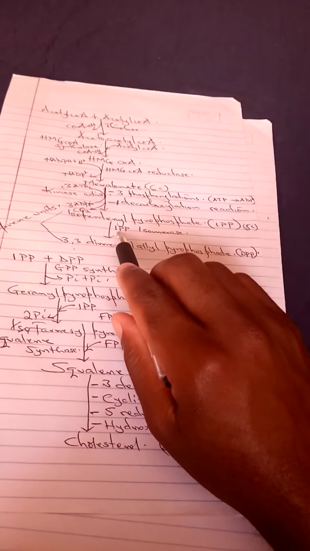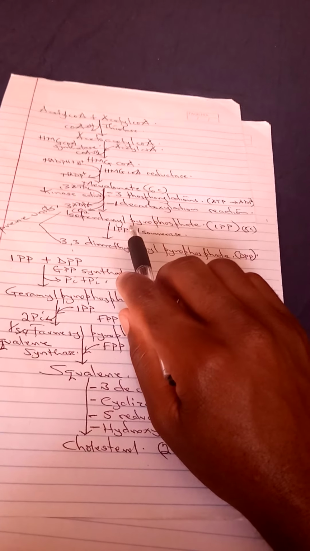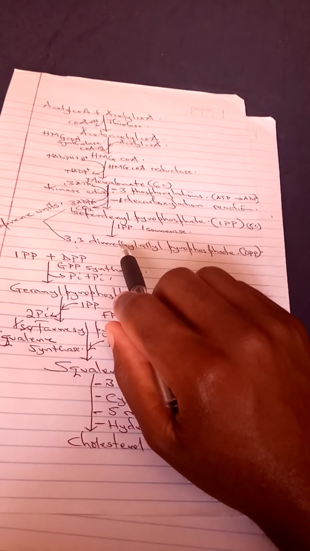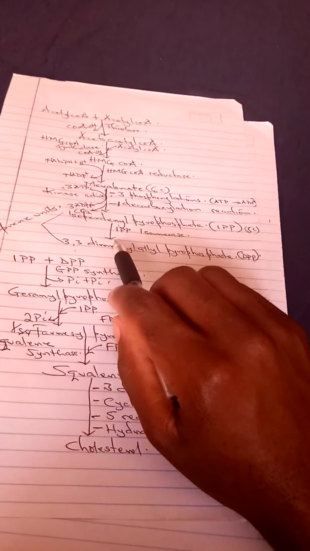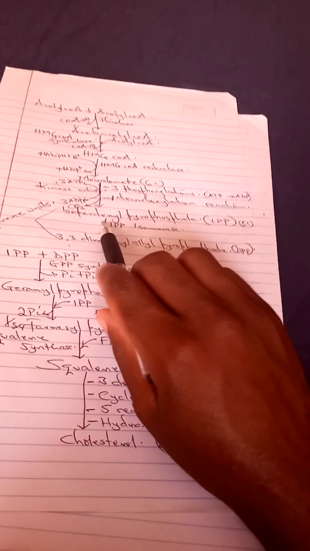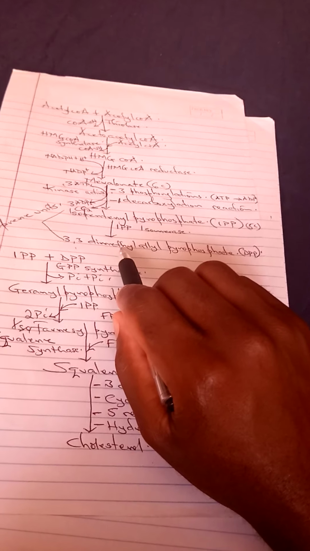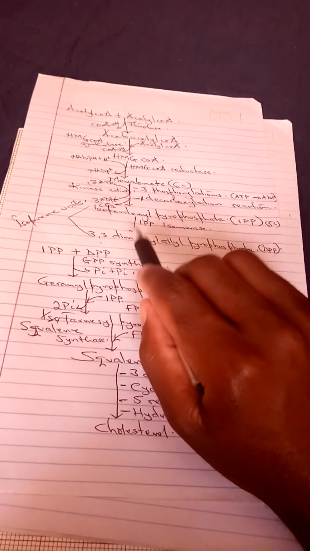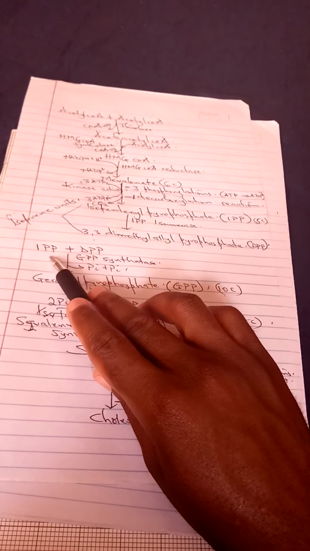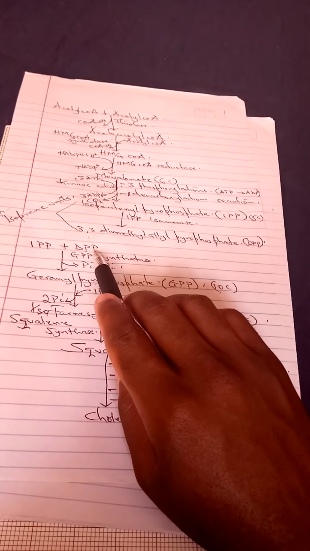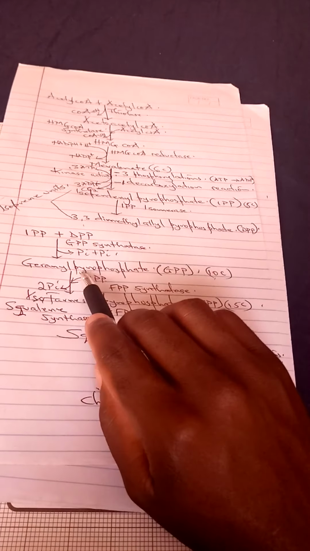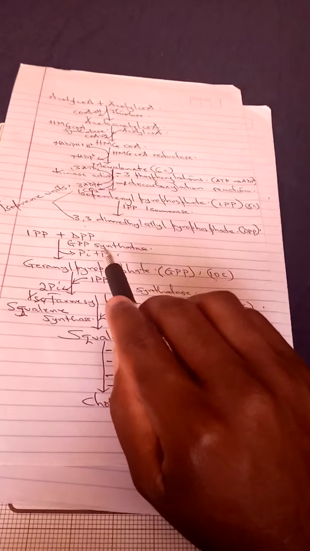Then IPP isomerase will change IPP into 3,3-dimethylallyl pyrophosphate. It's not changing all of it, that means it converts some molecules of IPP into DPP, and these, IPP and DPP, are the ones we call isoprene units. So we shall have IPP and DPP condensing by a GPP synthetase to form geranyl pyrophosphate, or GPP.